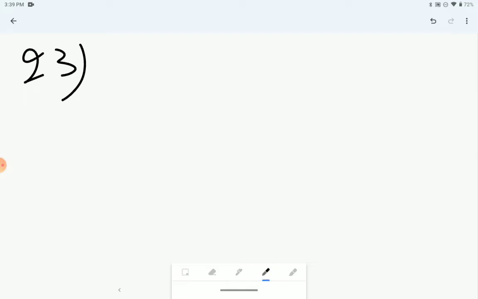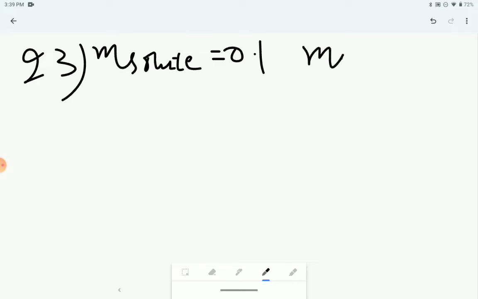If we solve this, first it was given that the mole fraction of solute is 0.1, and the mole fraction of solvent comes out to be 1 minus 0.1, which results as 0.9.